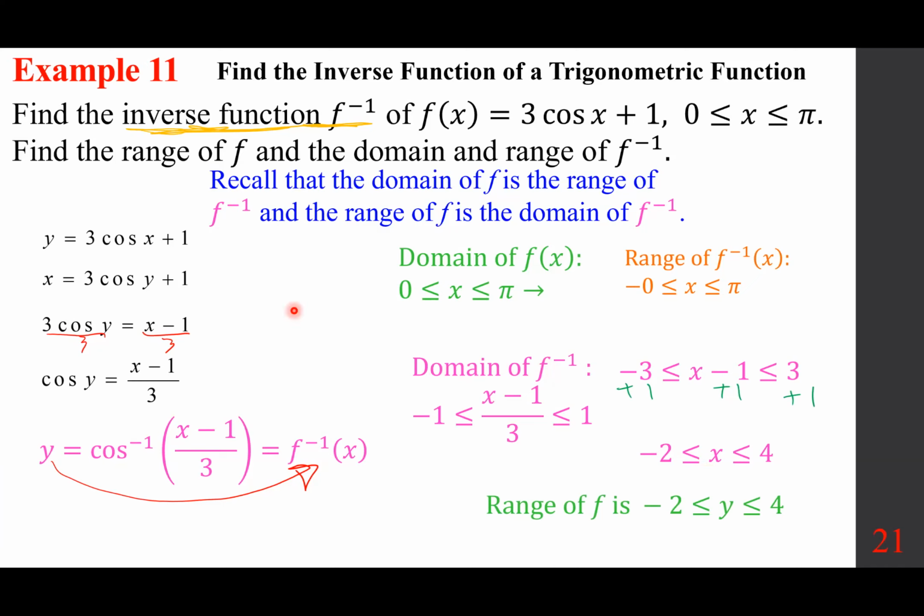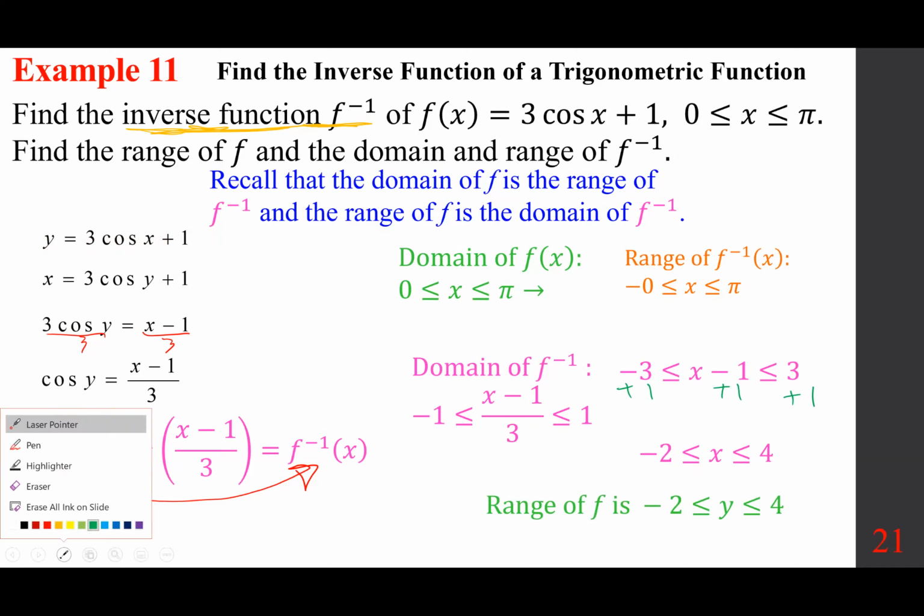You could go with the second method and work on this, because you know cosine is between -1 and 1, multiplied by 3 and add 1.